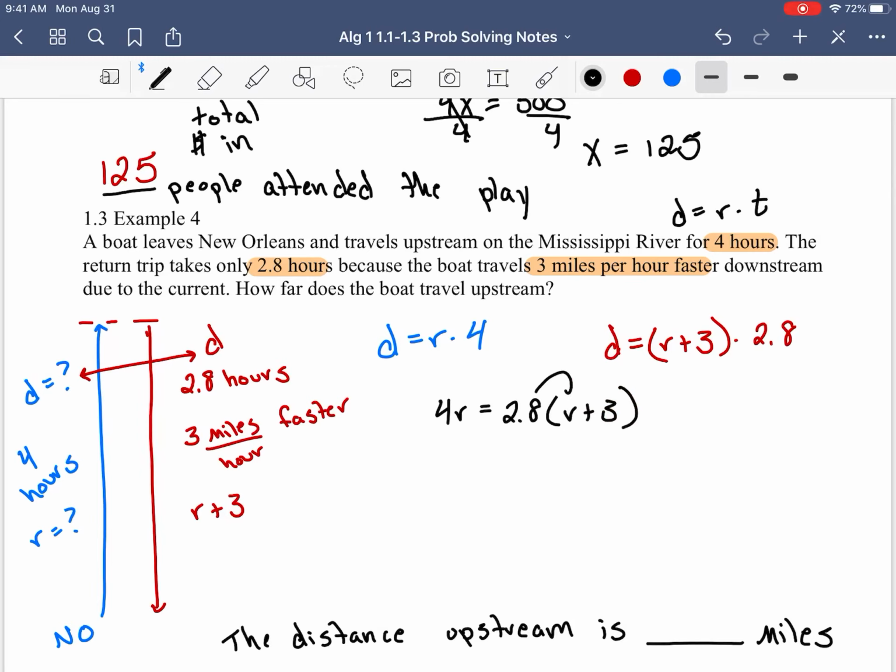Now distribute. So we'll have 4R equals 2.5R plus 2.5 times 3 is 7.5. I used a calculator on that, guys. Now I want to subtract the 2.5R from both sides.